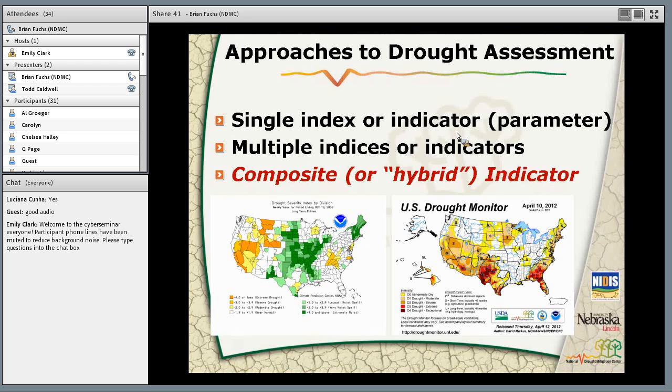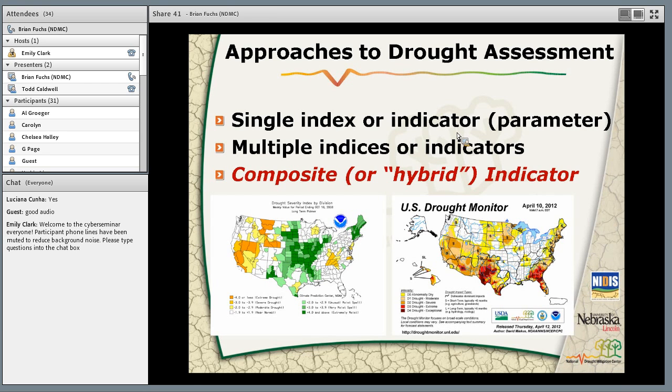So when we start talking about drought assessment and drought monitoring, historically there have been various methods of doing this. Typically you can look at a single index or indicator, individual parameters such as snowfall, precipitation, streamflow, reservoir levels, etc. Or if you want to become more complex, you start looking at 1 or 2 of these indices or indicators to get a better idea of what the drought situation is in your region.